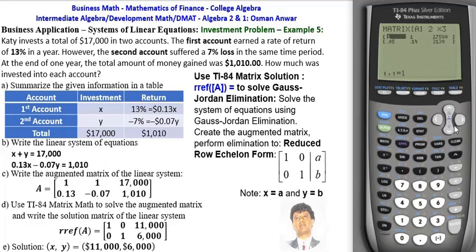The x values are 1 and 0.13, and the y values are 1 and minus 0.07, and augmented with 17,000 and 1,010.